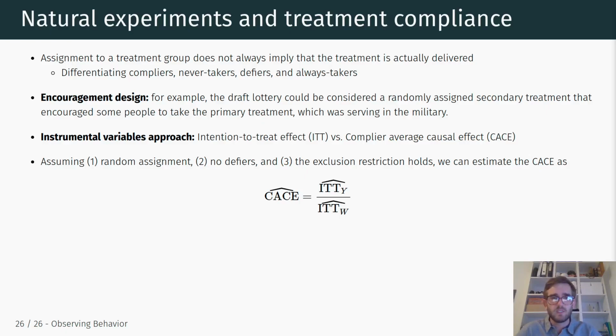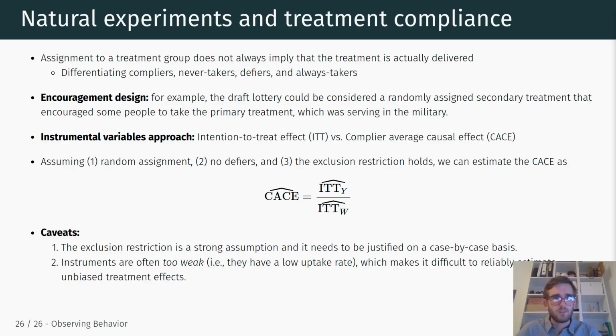If those hold, then we can estimate the complier average causal effect, which is the difference in outcomes between those who were encouraged and those who were not encouraged. That's the ITT, the intention to treat effect on the outcome, weighted by or inflated by the uptake rate. That's the extent to which the encouragement to take the treatment actually increased the uptake, so actually increased the extent to which people took the treatment.